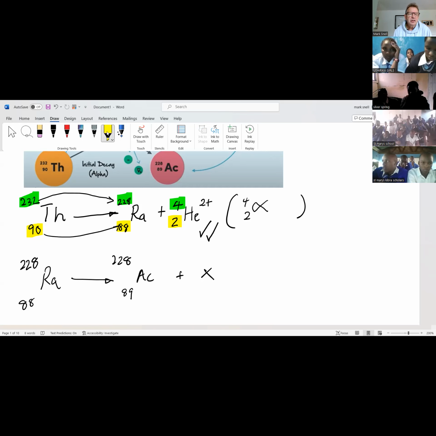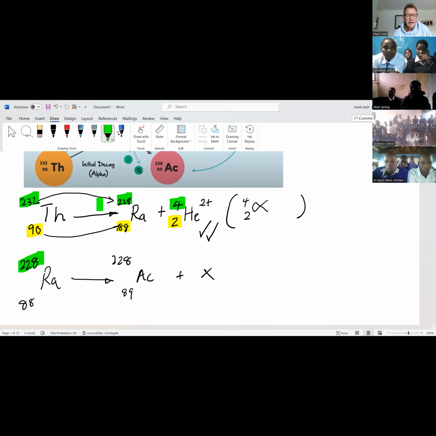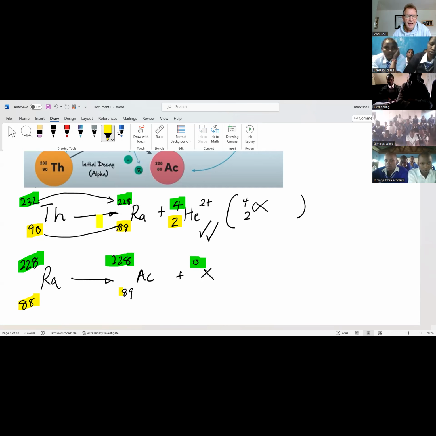Okay, so I'm going to change my colors. I'm going to go, okay, from here, 228 to 228. Oh, there's no change. And therefore, the number that goes here must be 0. And if I look at the atomic number, it's going from 88 to 89.